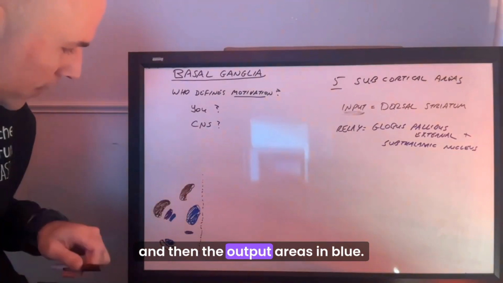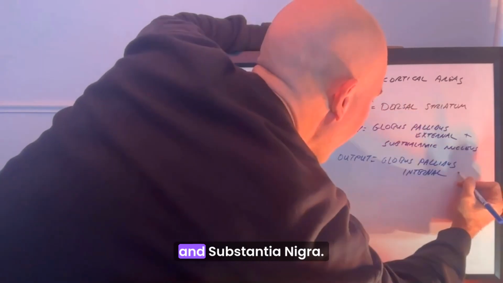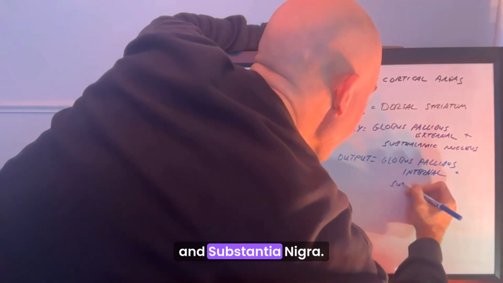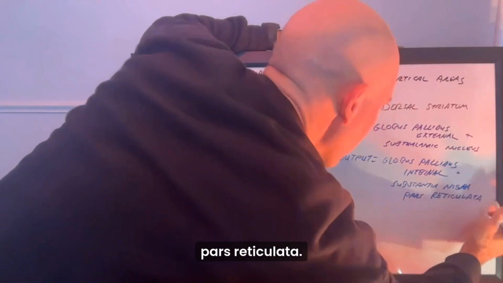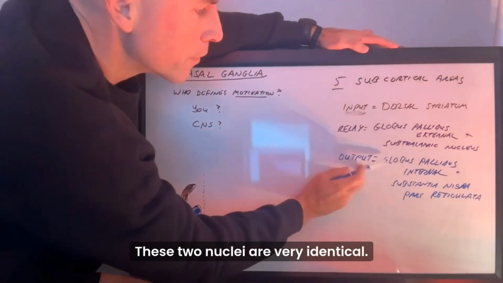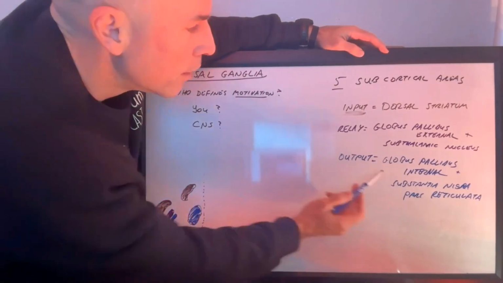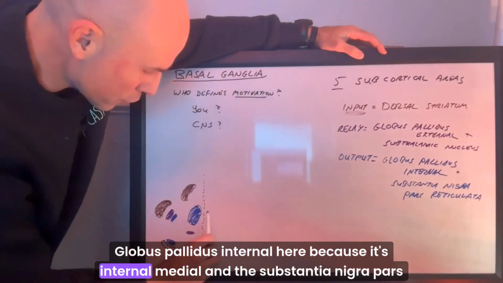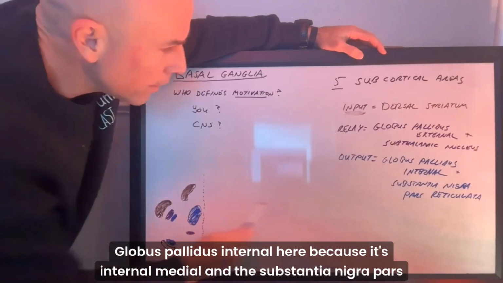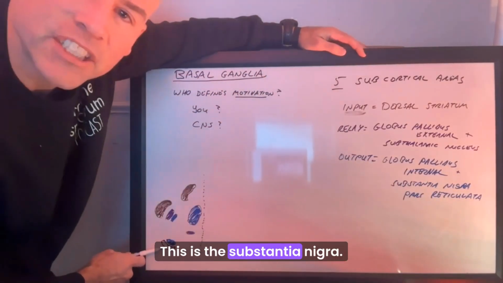And then the output areas in blue. Globus pallidus internal and substantia nigra, pars reticulata. These 2 nuclei are very identical. Globus pallidus internal here, because it's internal, medial, and the substantia nigra, pars reticulata. This is the substantia nigra.